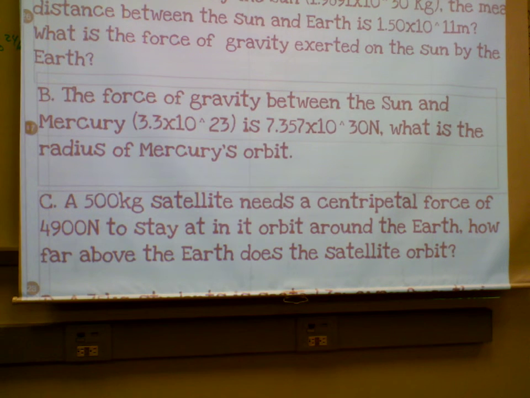We can round it to just 2 decimals. That's fine. All right. We know the force is 4,900. I threw a little curveball here. I said it needs a centripetal force, right? What keeps the satellite in orbit? Gravity, right? So the centripetal force is gravity.